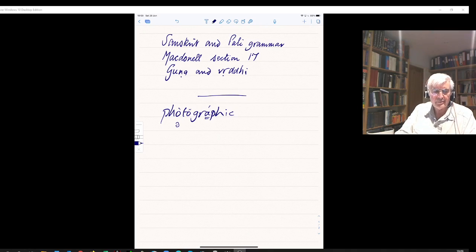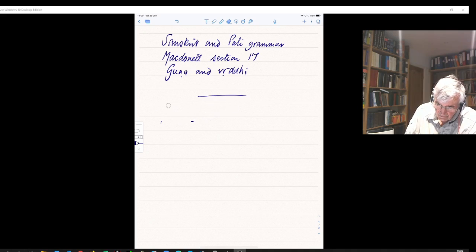That's peculiarly Vedic and not in classical Sanskrit or in Pali, but to a certain extent, it depends on stress. So let me now explain to you what this vowel gradation is in Sanskrit and Pali.